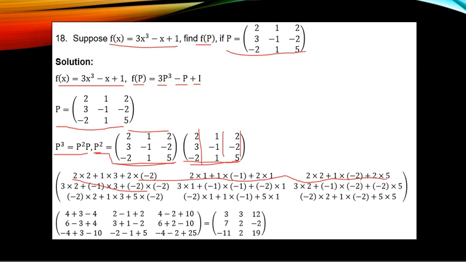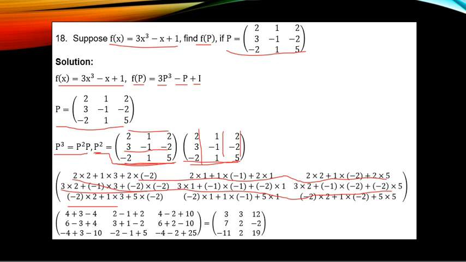Then you take the second row to multiply the first column, second column, third column. You have everything here. And you use the third row to multiply the first column, second column, third column. You have the last one. So you multiply and you add at each step.